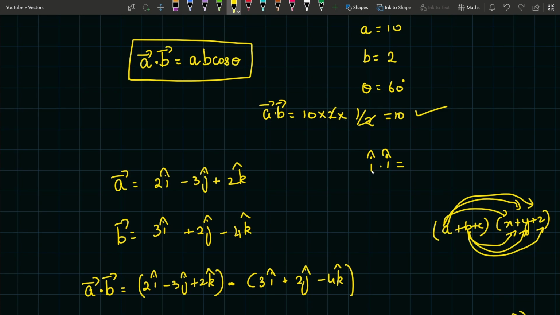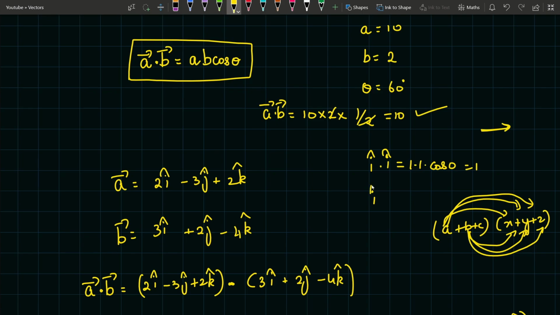So what is the magnitude of i cap? 1, into what's the magnitude of i cap again? 1, into what's the angle between i cap and i cap? Both are in the same direction. If two vectors are in the same direction like this, the angle between them will be 0. So cos 0 is also 1. So 1 into 1 into 1 will be 1. So i cap dot i cap is 1.